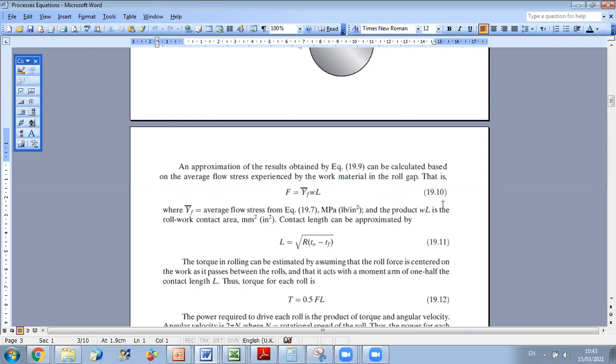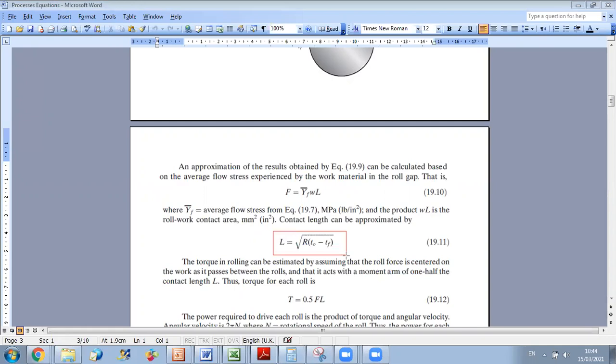WL represents the roll-work contact area, which can be calculated in meter square or millimeter square in SI and in inch square in English units. And as we said, the contact length can be calculated through the following formula, the square root of R times (T0 minus TF).